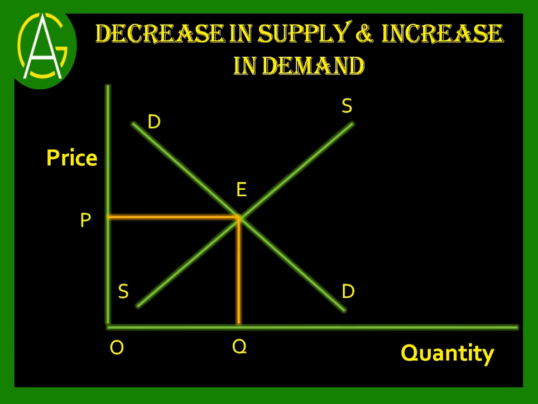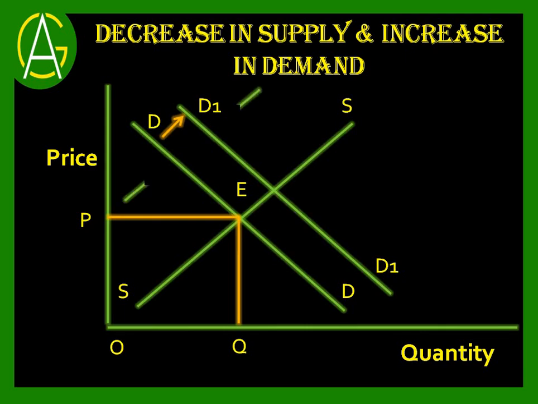Now demand has increased and the supply has decreased. Let us see. This is new demand curve, increase in demand. When demand increases, demand curve shifts right side. New demand curve found out D1 D1, but the supply has decreased. When there is a decrease in supply, it means that it is going to be on the left side, so there is greater decrease in supply curve.